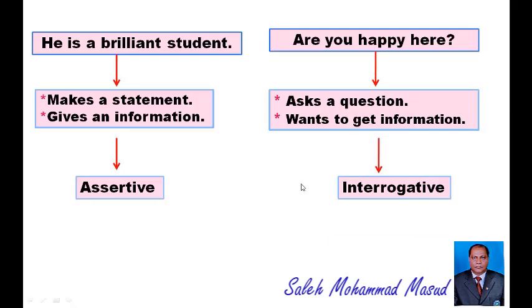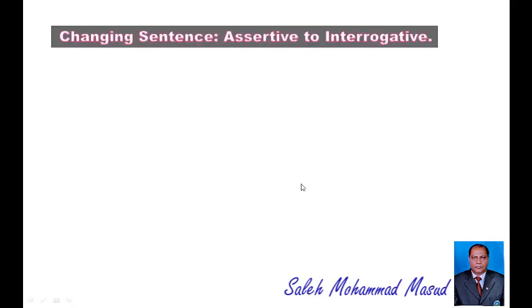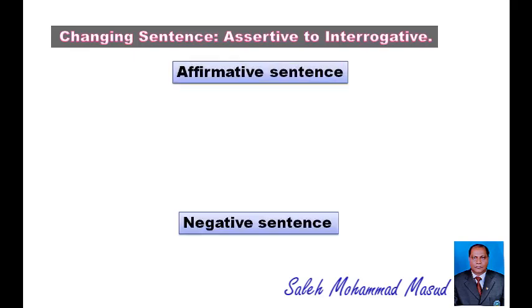Dear students, here are some rules for changing assertive sentences into interrogative sentences. Please listen carefully. We know assertive sentences are of two kinds, affirmative and negative. There are lots of affirmative sentences which have auxiliary verbs.